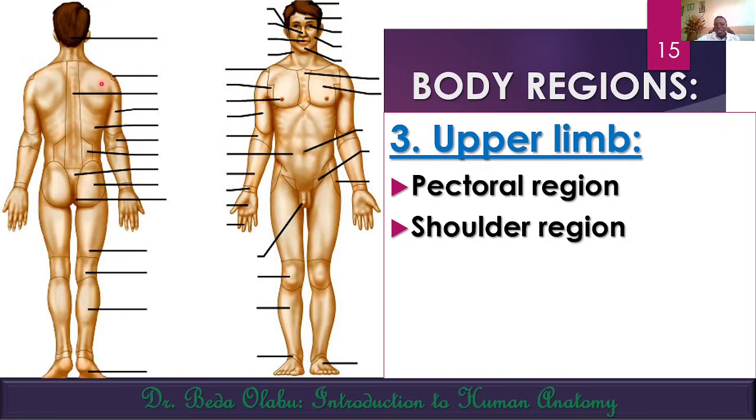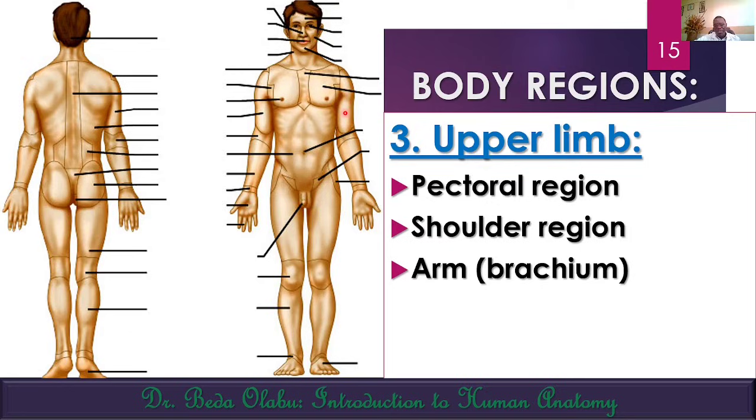So the pectoral region and the shoulder region are basically the attached parts of the upper limb. Then we have the free parts of the upper limb. I believe you are aware there's a joint there, which we call the shoulder joint, and a joint here, which we call the elbow joint. So this segment from the shoulder joint to the elbow joint is what we call the arm.